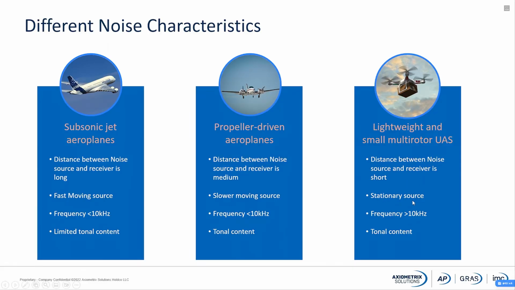It is also a stationary source, because a UAS can be hovering, and a hovering UAS is equal to a stationary source. The frequency content is also higher. It can go up to over 10 kilohertz, because they are closer to the receiver, and therefore there is not so much damping of the high frequencies, and it can be quite annoying with the tonal content.